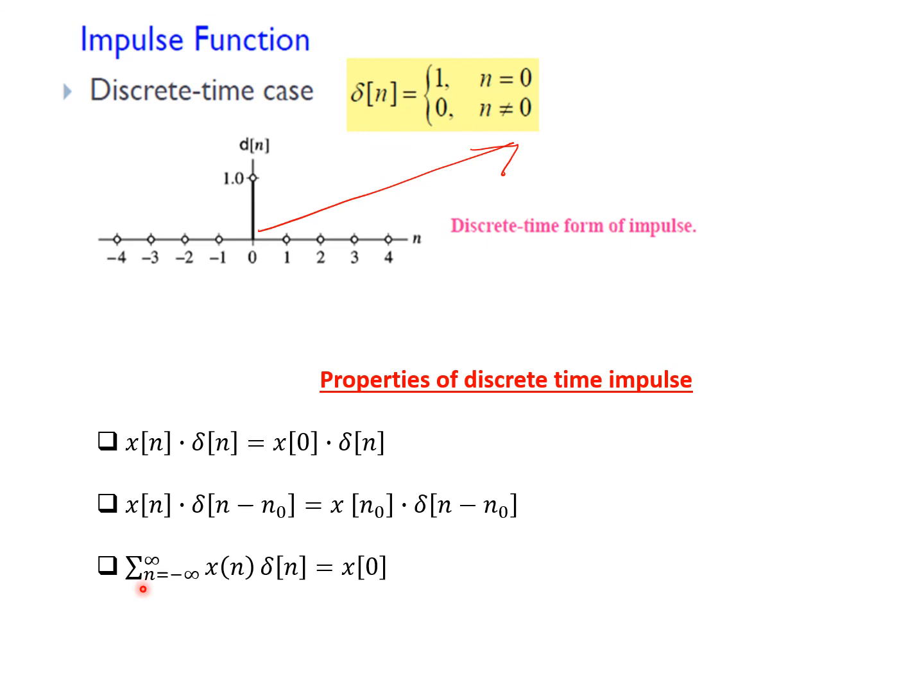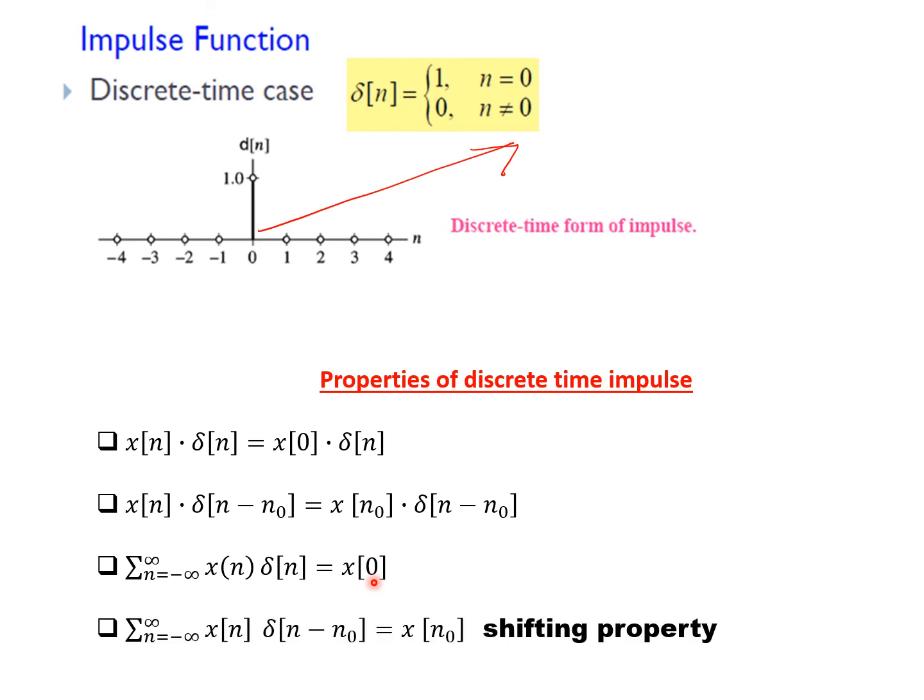If I add up all the values of the signal from n equal to minus infinity to n equal to plus infinity, the net value is whatever the value x at 0 is. I am only getting the value of x at 0. So if I multiply a shifted impulse with x of n, then add up all the values, I'll get the value of the signal at n is equal to n naught.